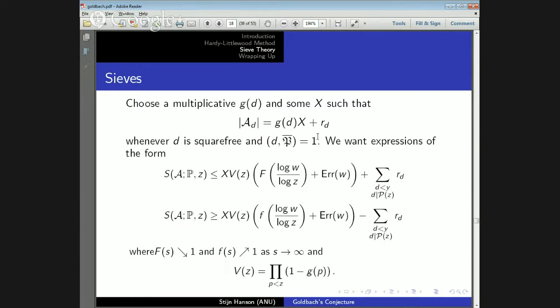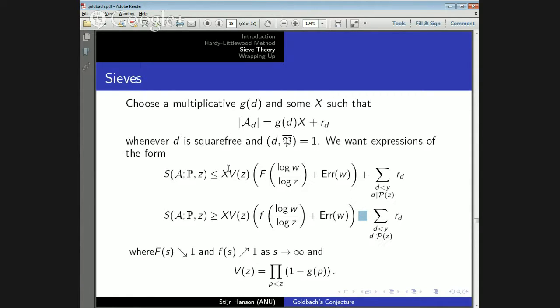And this is a bit of the horrible bit, but I'll take it apart a little bit. So we want pairs of inequalities that look like this. So we want to bound our sifted set both above and below. And the only differences between the upper bound and the lower bound are these functions f here. So different functions, and we've got a plus here, whereas we've got a minus here.